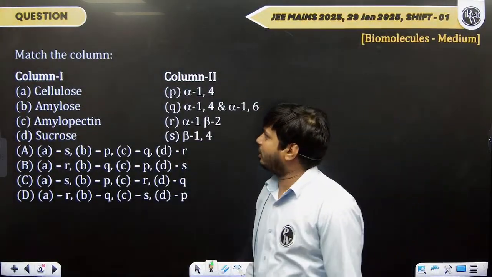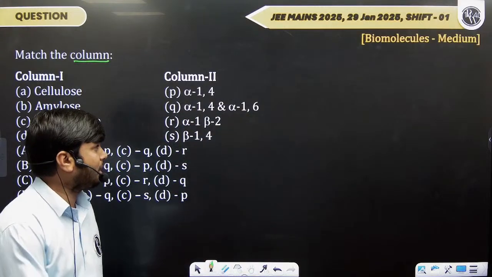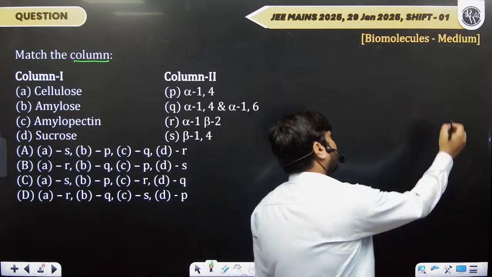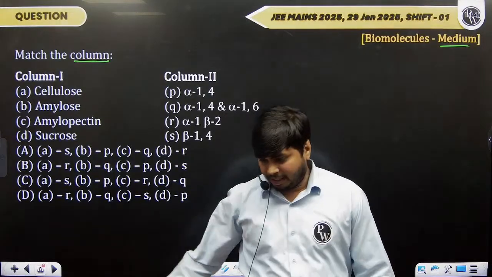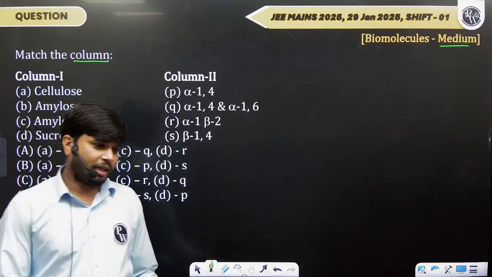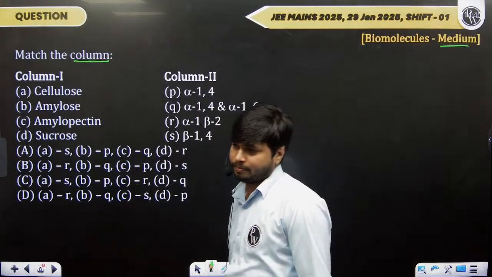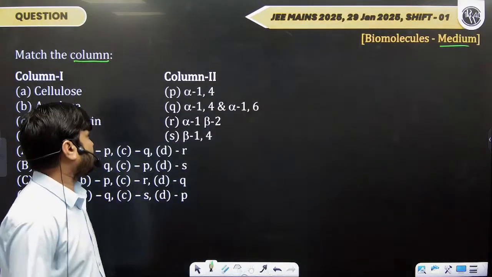This question is match the column. This is a memory based, medium level question. Whenever we discuss biomolecules, we discuss what type of bonds are present in carbohydrates, so we have to remember them. Let's discuss this question.